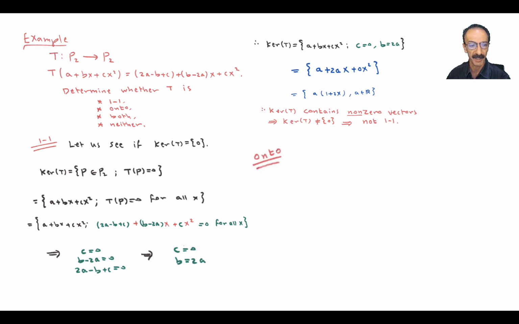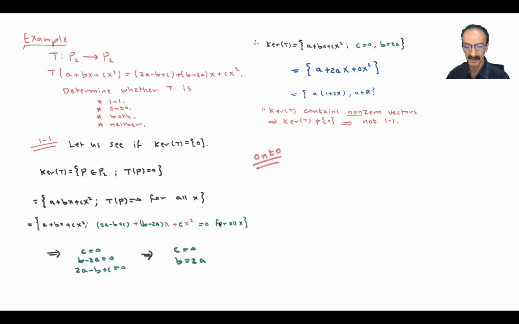To work on onto, I'm going to use the theorem that talks about the dimensions, because I have P2 right here, and I could find out the size of W. I have now the dimension of the kernel. What do you think the dimension of the kernel is?